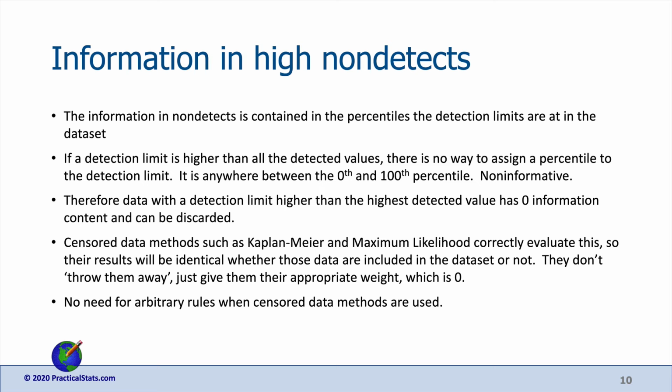So if the detection limit is at the 10th percentile down low, there's a lot of information. If the detection limit's up at the 90th percentile, then there's only a small amount of information. But if the detection limit is higher than all the detected values, there's no way to assign a percentile to the detection limit. Data like that can be thrown out.